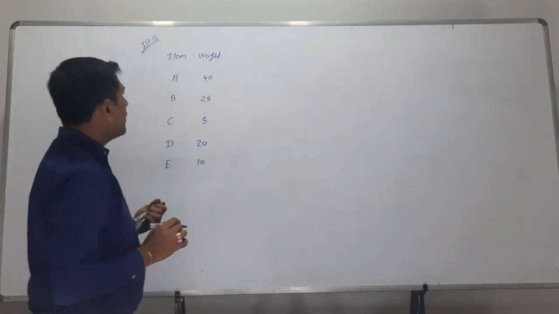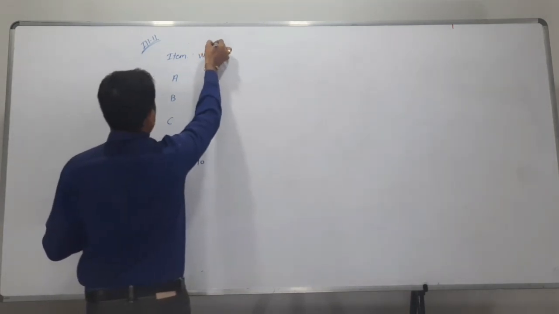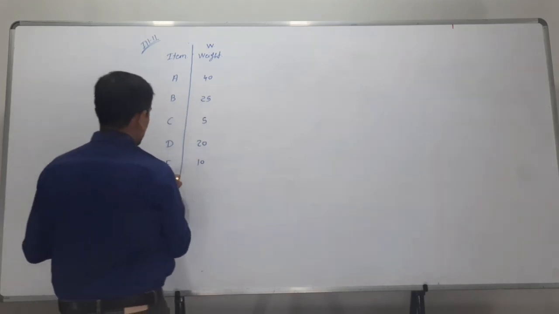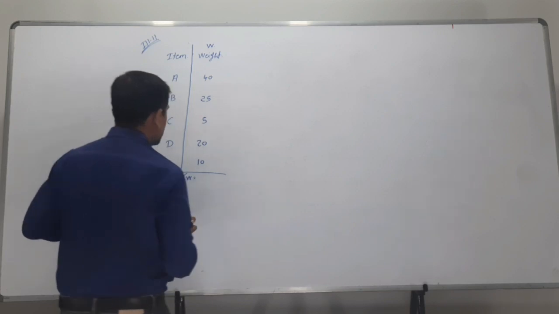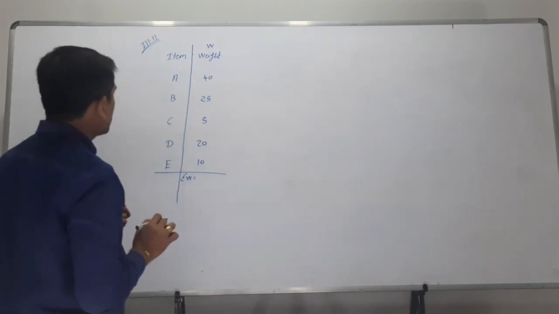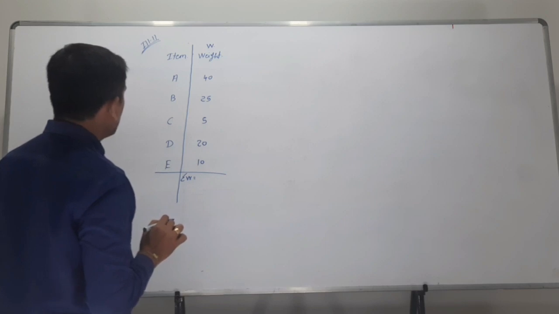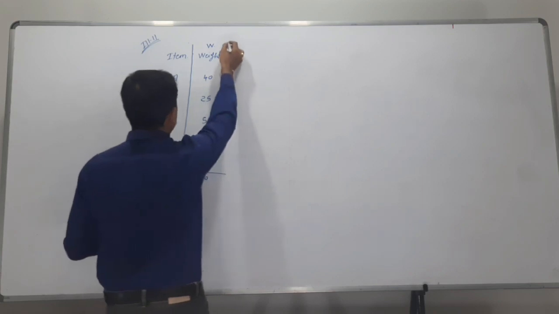Okay, so here item and weight, we can write W here, and here sigma W. The total of these is 100.